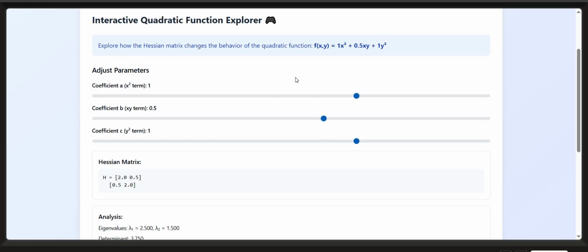So f of x, y equals 1 times x squared plus 0 times xy plus 1 times y squared. That's just a clean paraboloid.